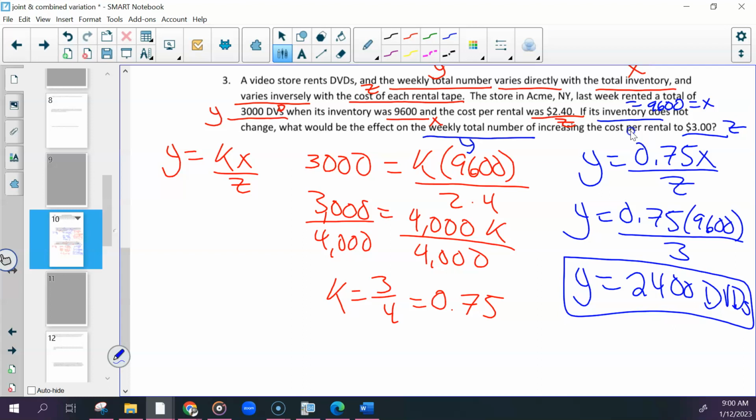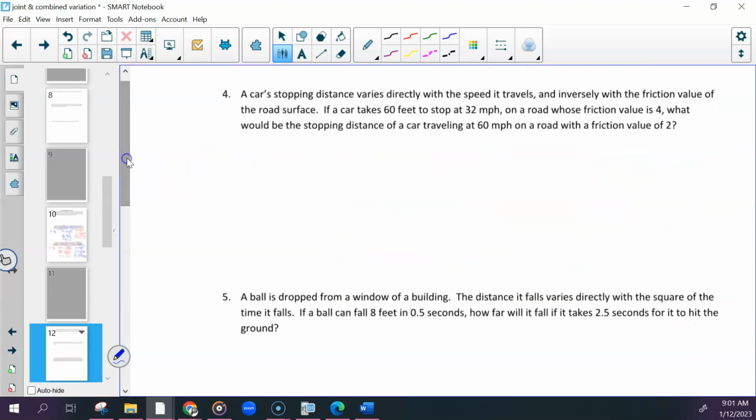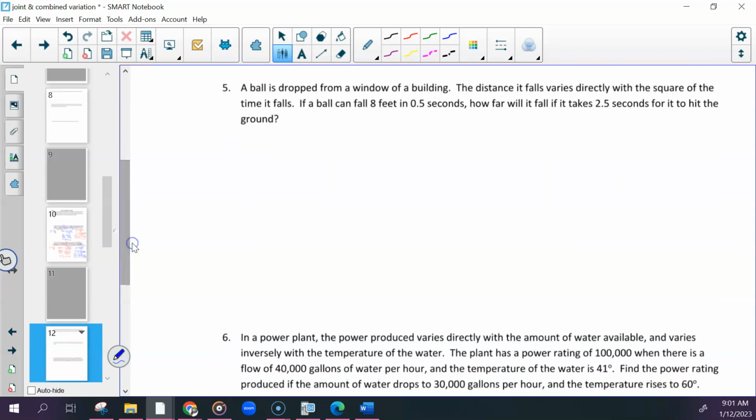On the next page or the back of this, we're going to try 5. So 4 is another one like we were just doing that's directly and inversely. So I want you guys to be able to try at least one of these. I think 6 is similar.